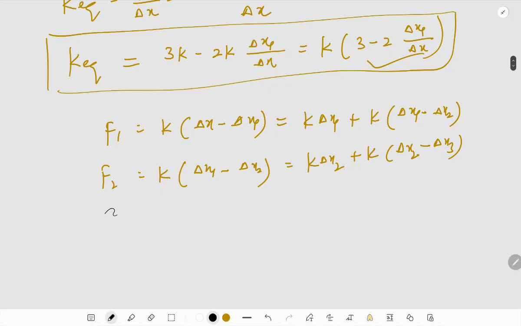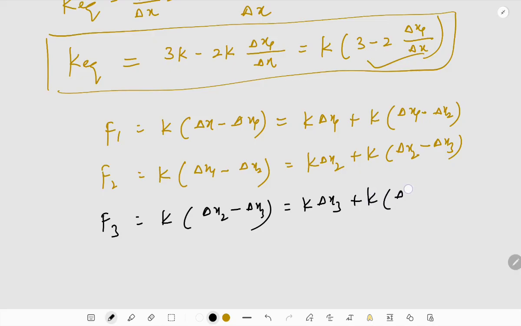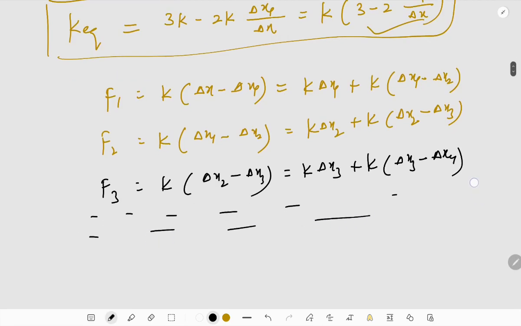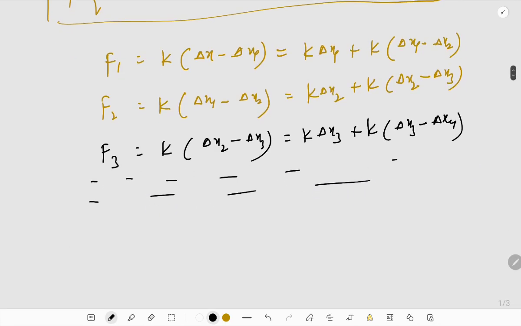In a similar manner, F3 can be written as k times delta x2 minus delta x3, which equals k delta x3 plus k delta x3 minus delta x4, which is not shown here. There will be many more equations like this, because they are infinite in number. The ladder has infinite legs.